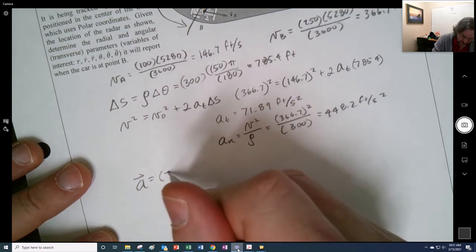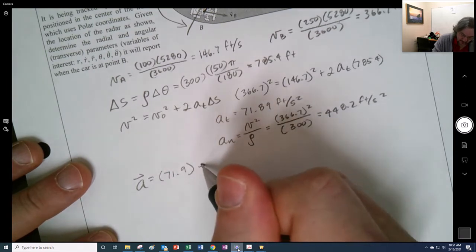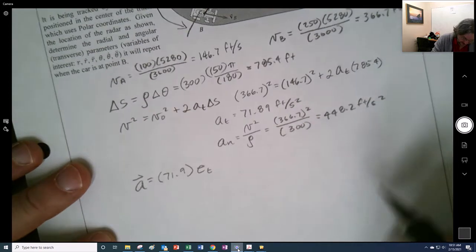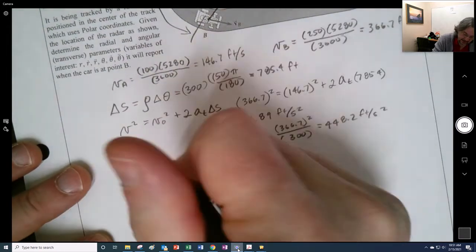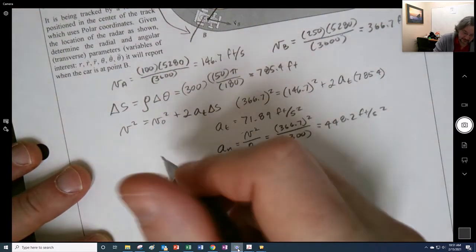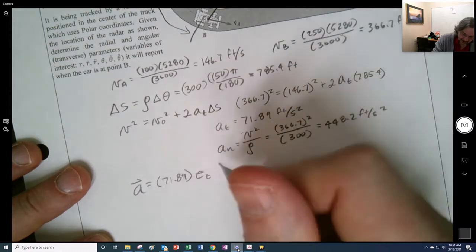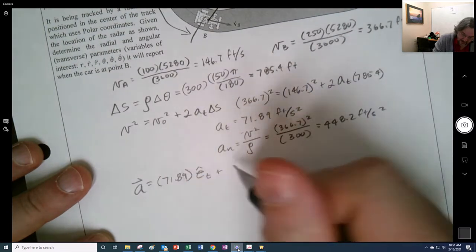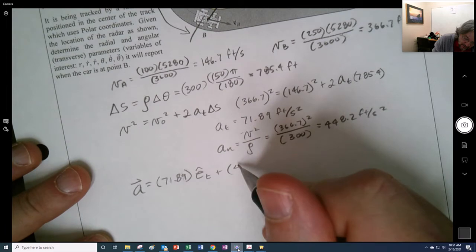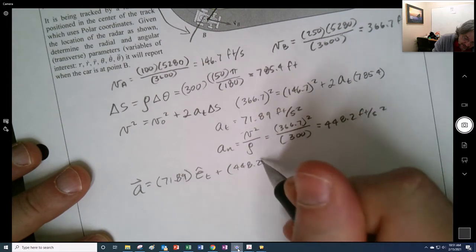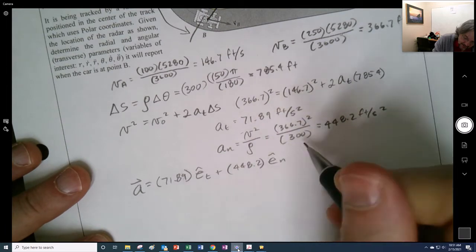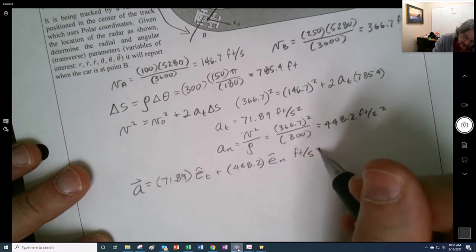But anyway, this would be the acceleration that we would report in normal and tangential coordinates. So 71.9 ET. I should say 8.9. I'll just keep it as 8.9. And then 448.2 EN, and that's feet per second squared.